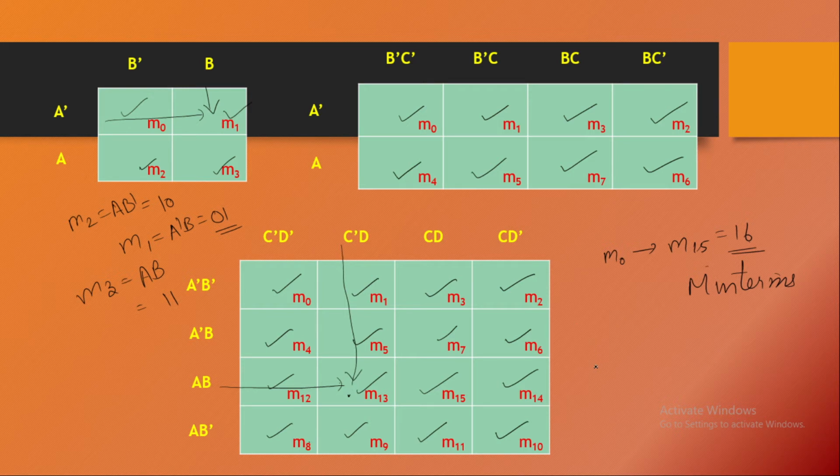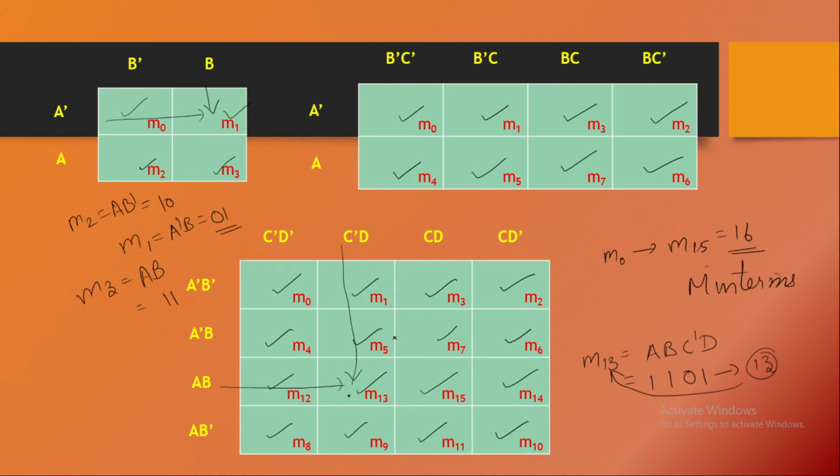If I combine those two, then M13 is A, B, C dash D, which is given as 1, 1, 0, 1. The decimal value of 1, 1, 0, 1 is actually 13, which corresponds to its minterm value. So this is how we map your KMAP.